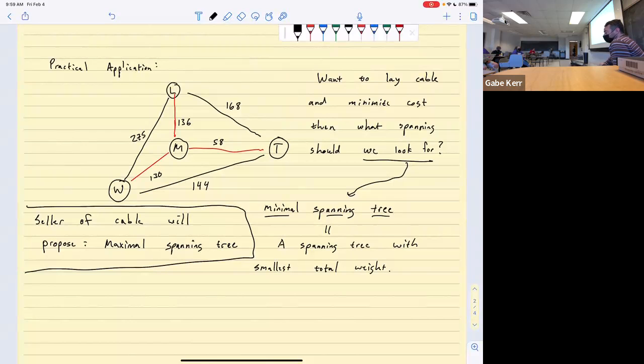T, W, L, N. It would be T, if I just took the 3. So I would get T, you're right, T, W, L, but I go back to T, right? So I would get a circuit. I would not get a spanning tree if I took the 3. So in fact, the largest spanning tree here, or the maximal spanning tree, is actually this tree.